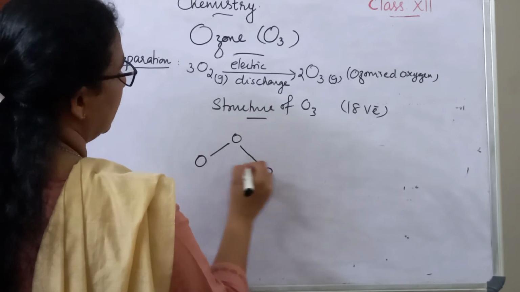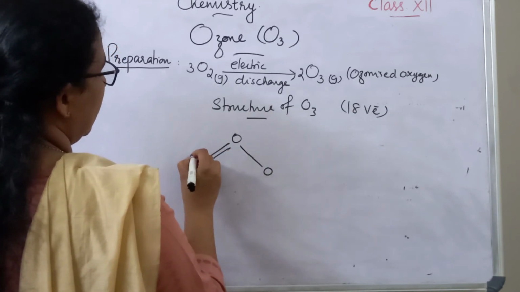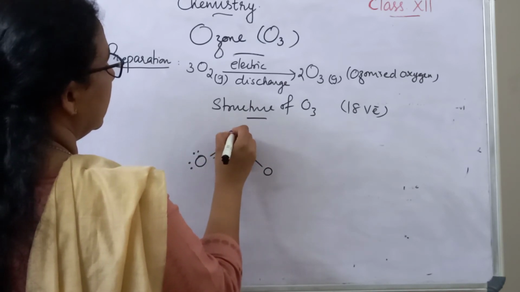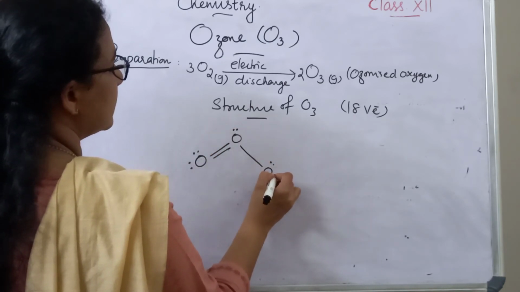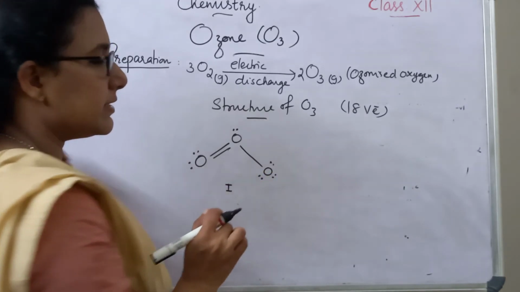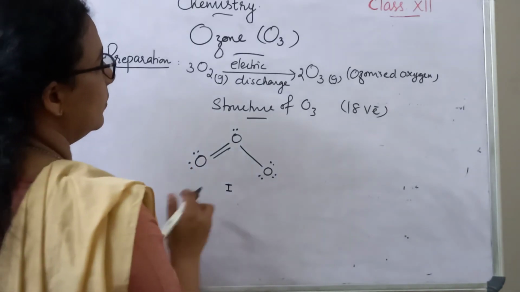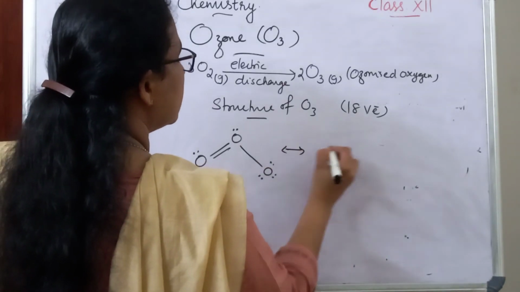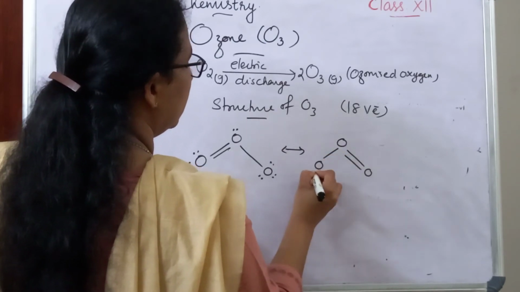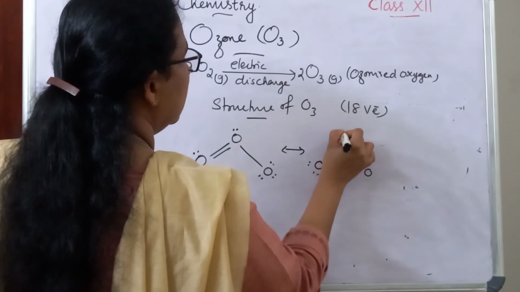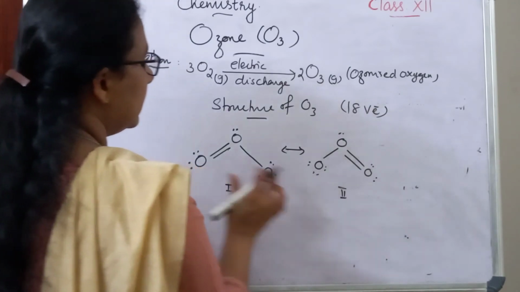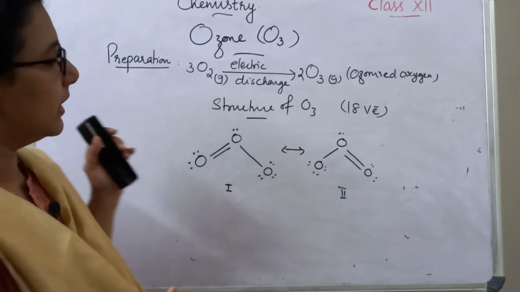So this is the first structure. We can draw resonance structures in the case of ozone. The next resonating structure is, here there is a single bond, here there will be a double bond. This is the second structure. So two resonance structures are possible in the case of ozone.